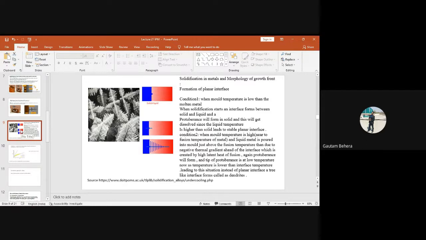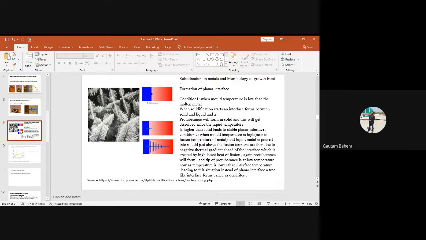So that means it is a kind of anisotropy again. Yes or no? You understood my point? Yes, sir. Again, anisotropy is forming because the growth is happening in a preferential direction. So again, it will give rise to anisotropy.